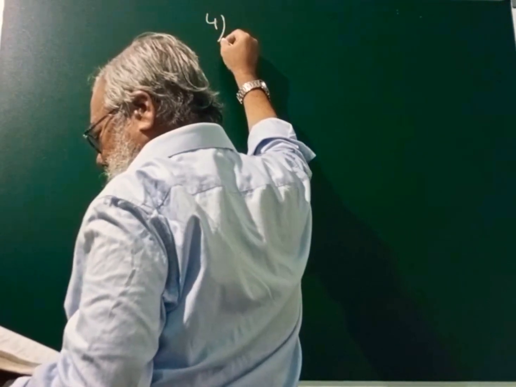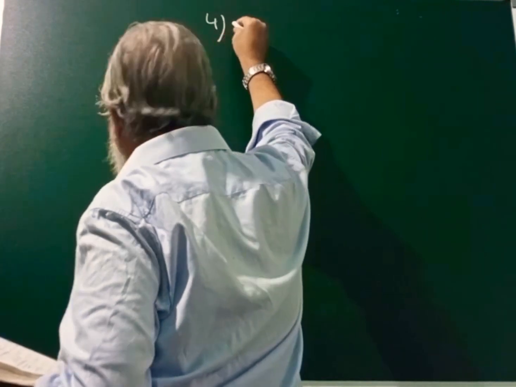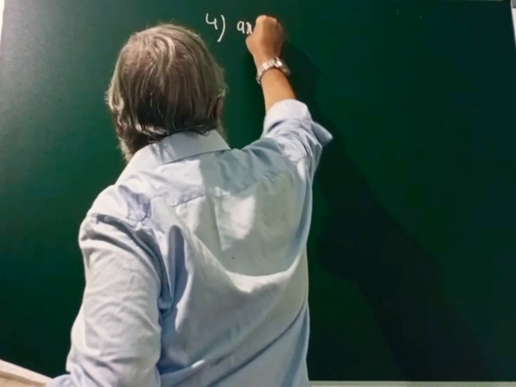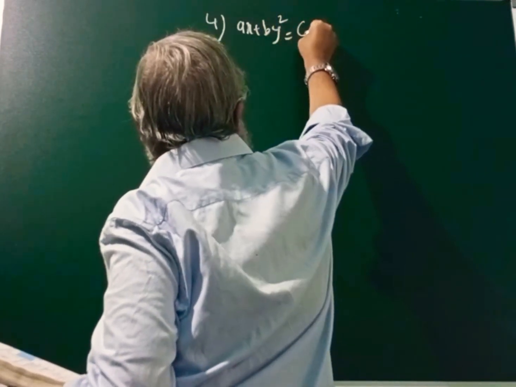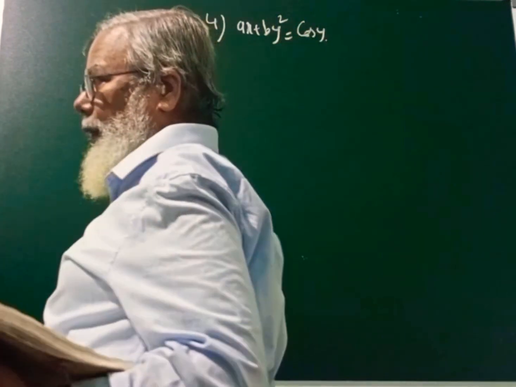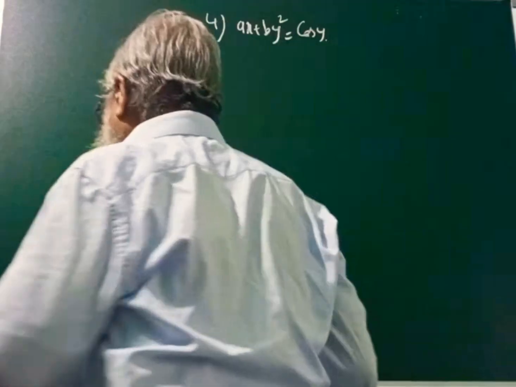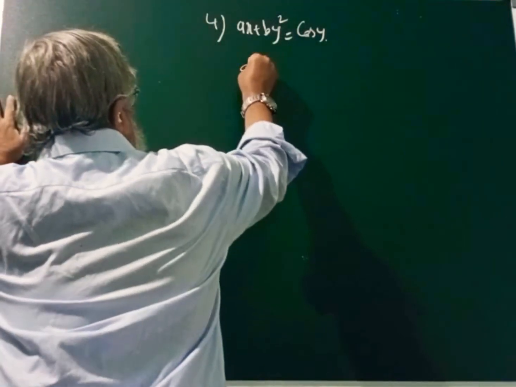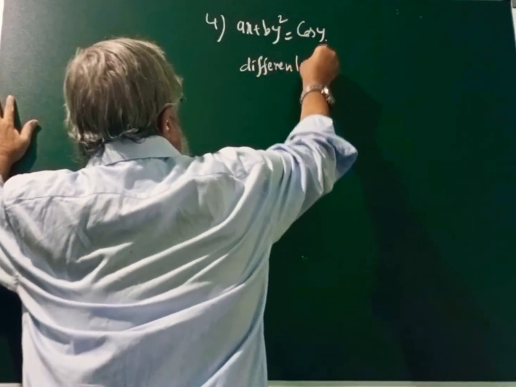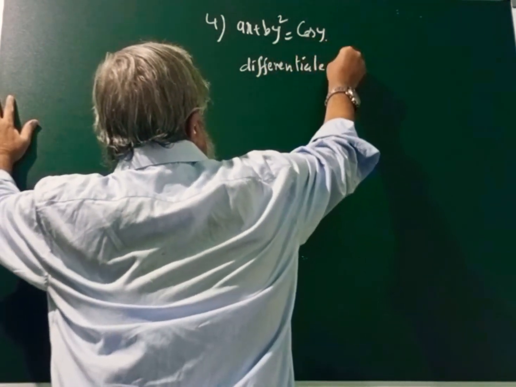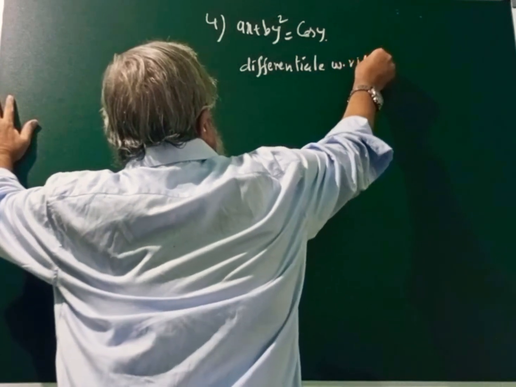Find dy by dx. ax plus by square is equal to cos y. ax plus by square. Differentiate with respect to x.